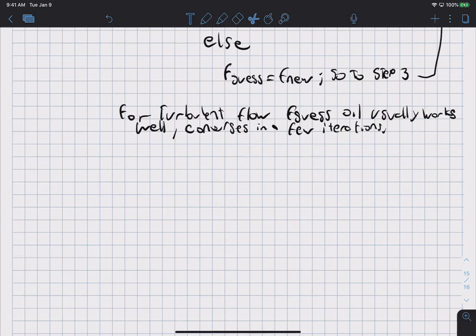Okay, so in the previous videos we discussed the major losses, and the major losses are delta P due to wall friction of a long section of pipe. Now we're going to discuss minor losses.